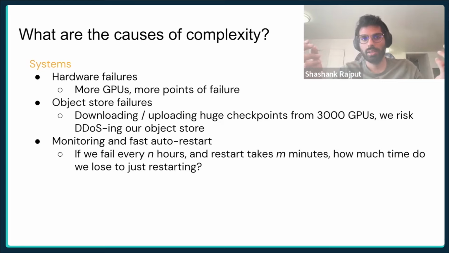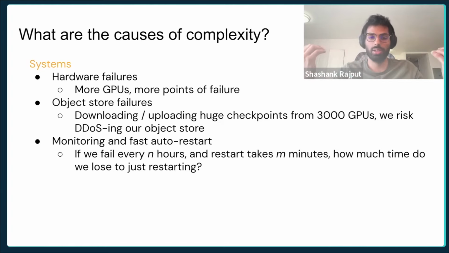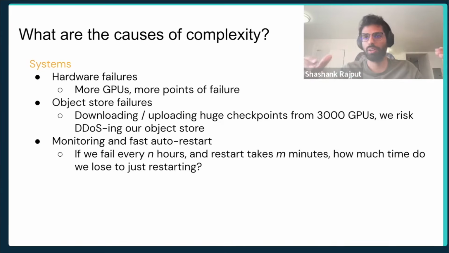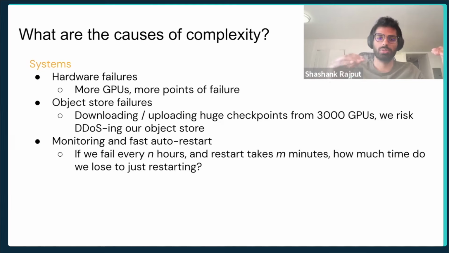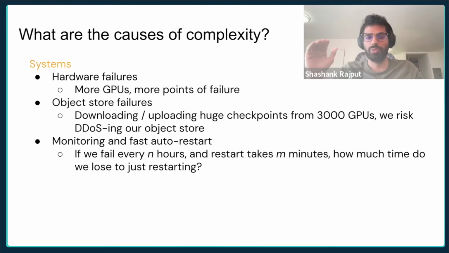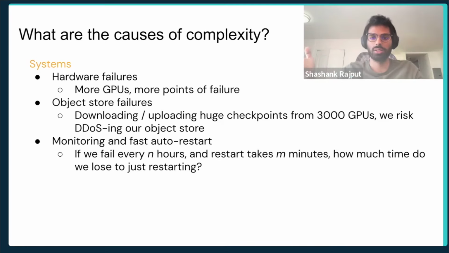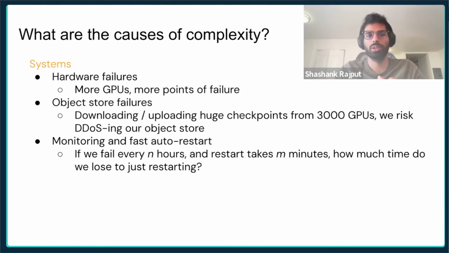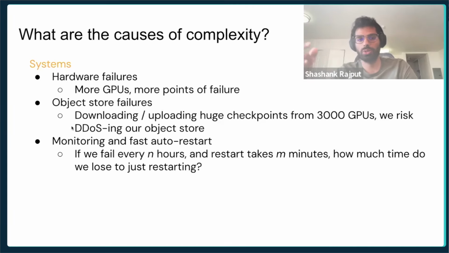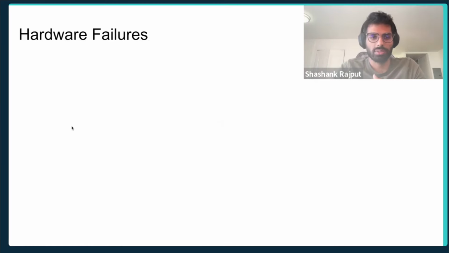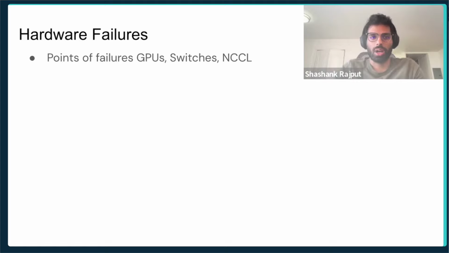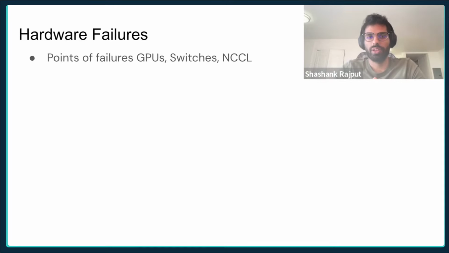In an ideal case, if your run never fails, if you're sure that it will not fail when you train it for 2 or 3 months, or like 1 month, you don't even need to checkpoint. You just need to checkpoint at the very end to get the final model. But that's not the real case. So you need to worry about how frequently you want to checkpoint. You can't checkpoint too often because then you'll DDoS your own object store. So stuff like this.